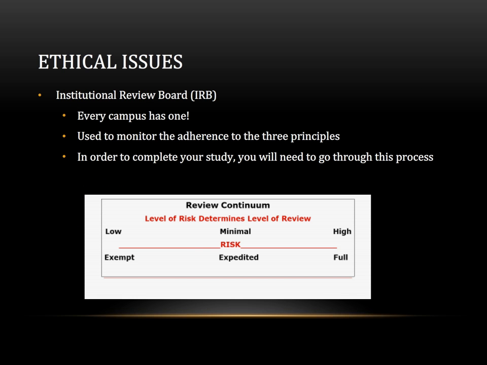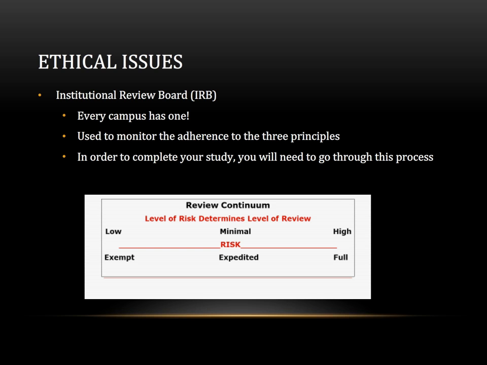Every person that decides to do educational research and has research that involves human subjects has to go through what's called Institutional Review Board Review, or IRB. Every campus has an IRB to protect subjects from unethical treatment.